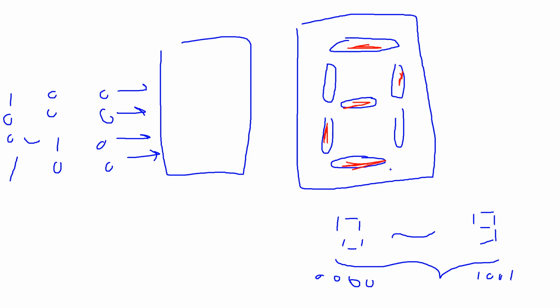For 4 bits, it can be 0, 0, 0, 0 to 1, 1, 1, 1, but I use only 0, 0, 0, 0 to 1, 0, 0, 1.